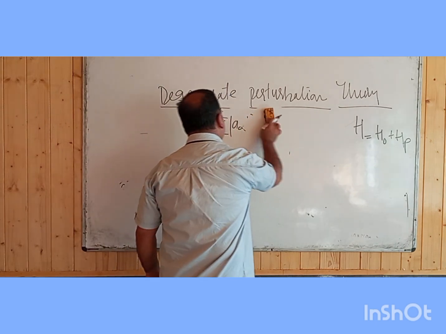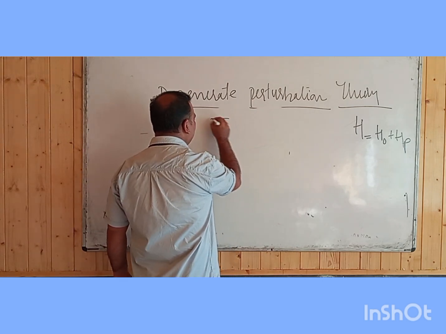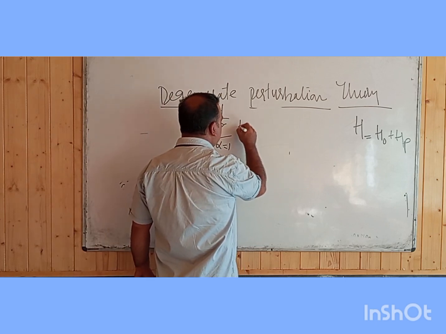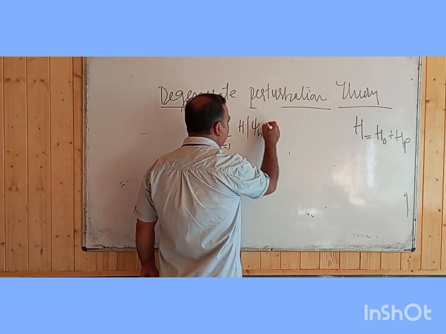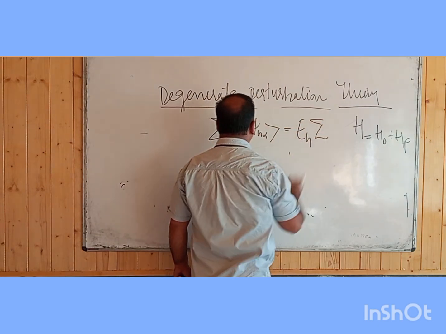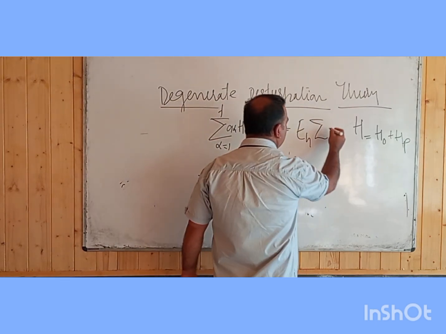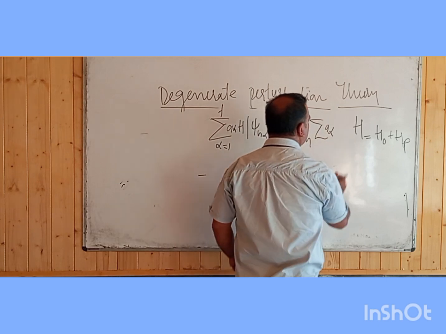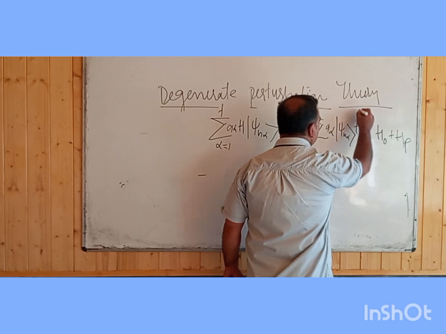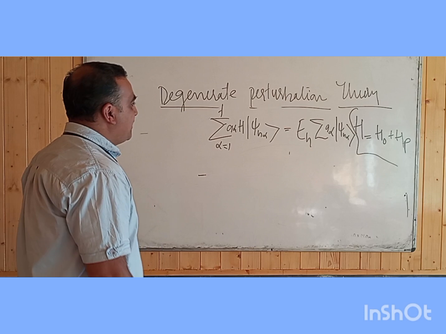Now let's take this Hamiltonian in our equation and proceed from here. We have the sum over alpha running from 1 to f, and then H psi n of alpha is equal to En times the sum of A alpha psi n of alpha.